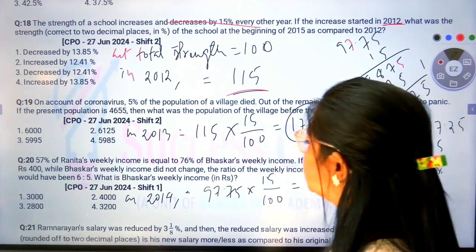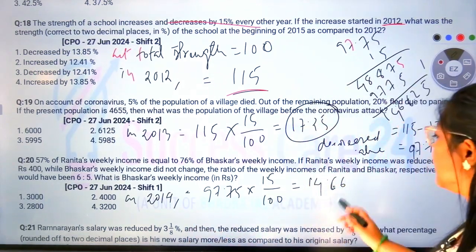Do the calculation by yourself. So in 2014, the increased value is 14.66.